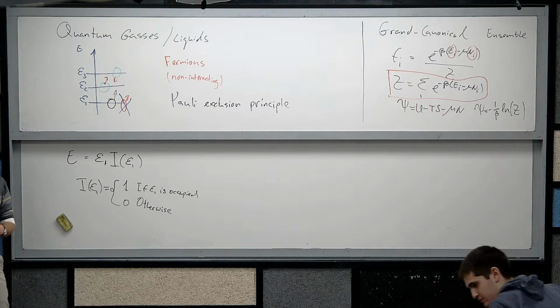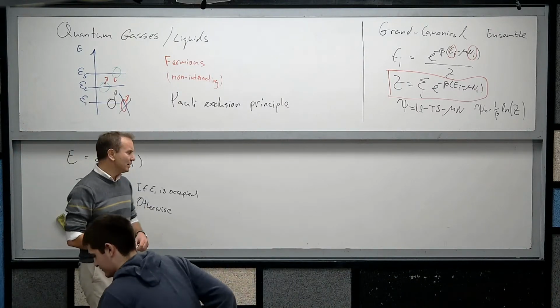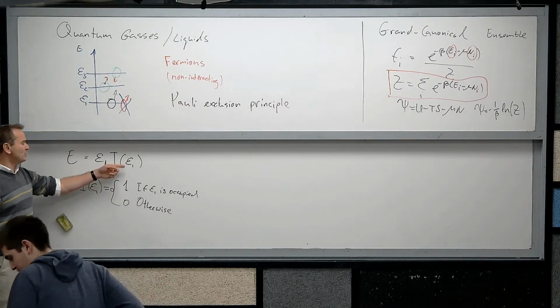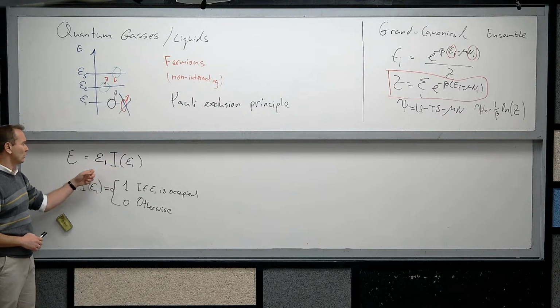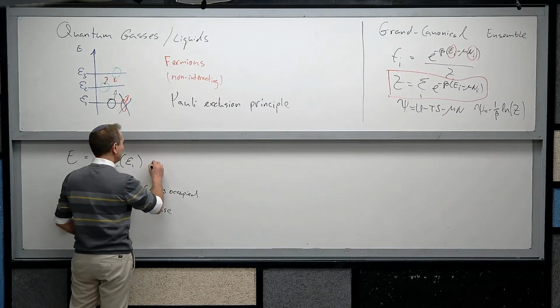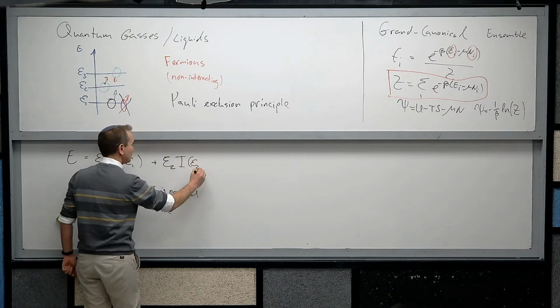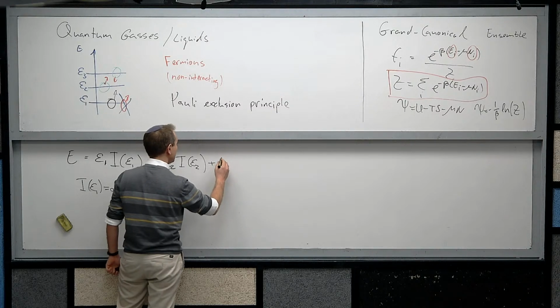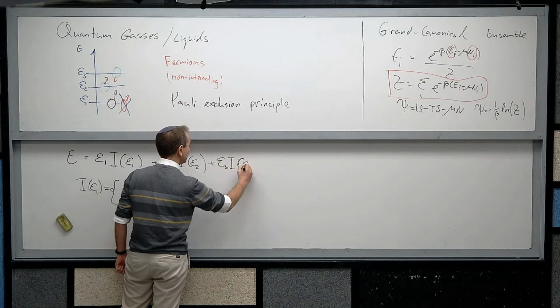Basically, it's a Heaviside theta function, or an indicator function if you know it from probability, that says: if the site is occupied, this is 1. If it's unoccupied, it's 0. So the total energy is epsilon 1 I of epsilon 1, plus epsilon 2 I of epsilon 2, plus epsilon 3 I of epsilon 3.